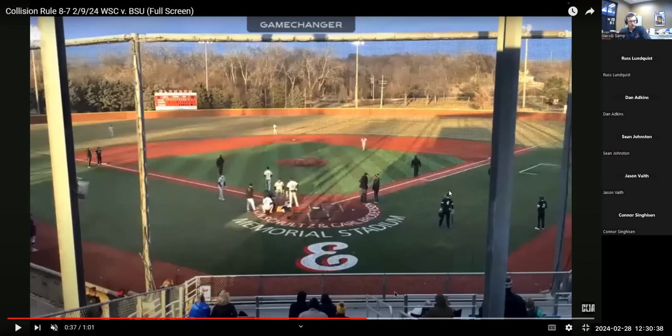So it doesn't look like people are leaving the dugouts here, but this is where you want to be aware as U1 and U3. As you're coming down, you're aware of the players surrounding the injured player, but you have to be aware of the dugouts and making sure those players are reminded they have to return or remain in the dugouts.